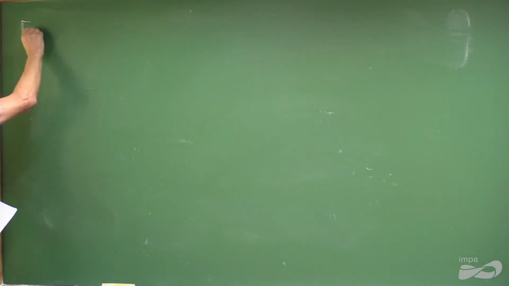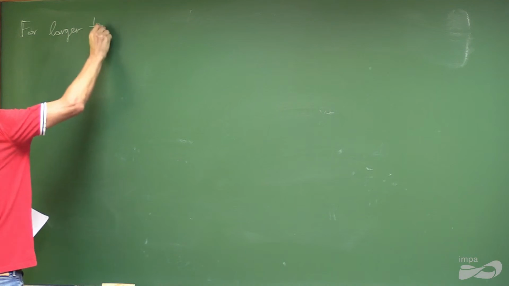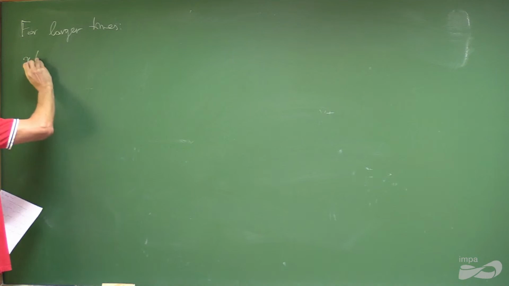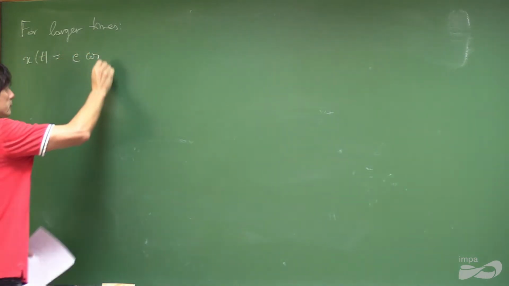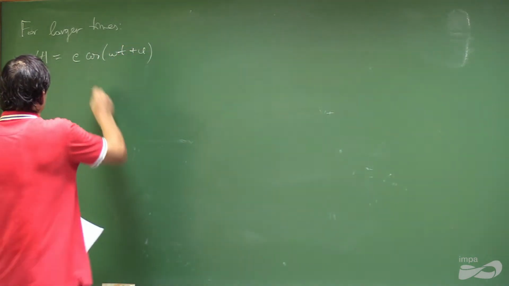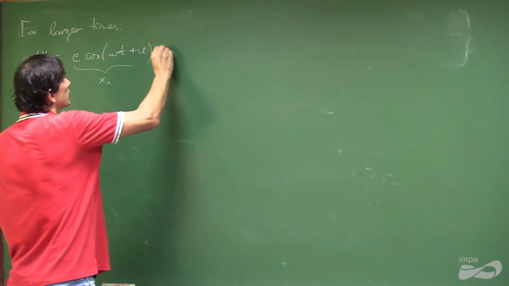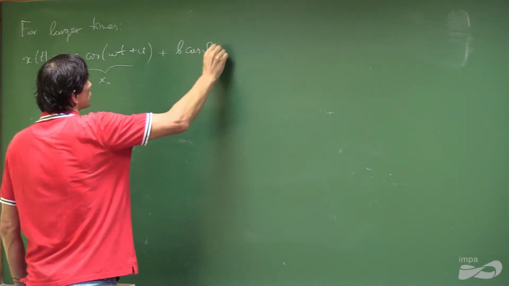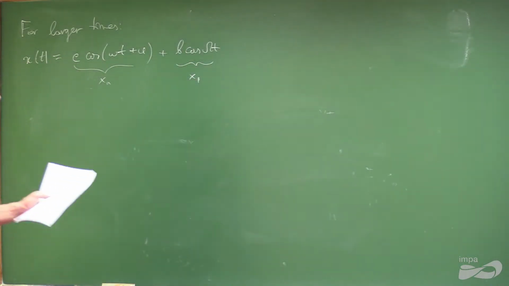For larger times, let's just compute what this solution means. So this is the general autonomous plus particular solution. And let's just take a sum of the two.